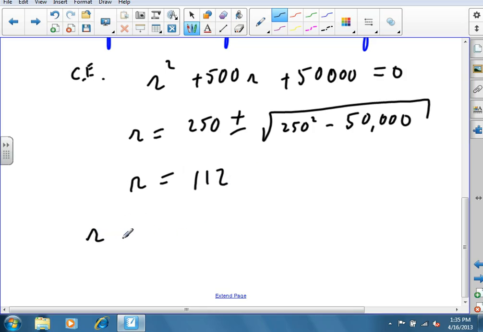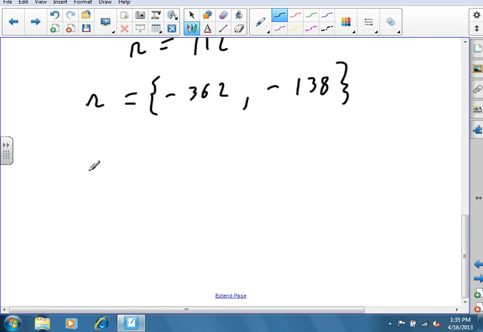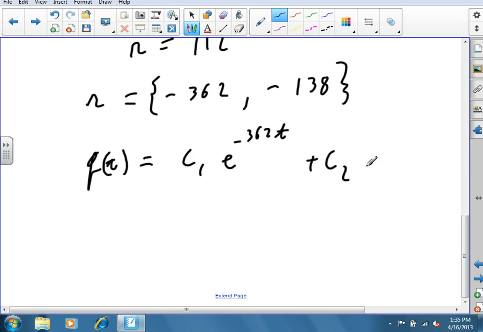So r is going to equal minus 362 or minus 138. We've seen both of those numbers before. So q of t is equal to c1 e to the minus 362t plus c2 e to the minus 138t.